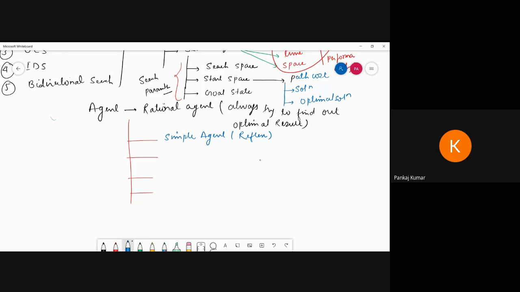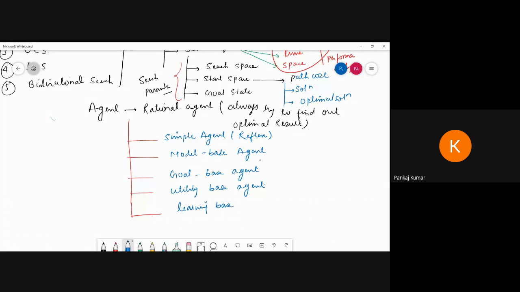The second one we can call model based agent. The third one we can call goal based agent. The fourth one is utility based agent. And the last one we can call the learning based agent.